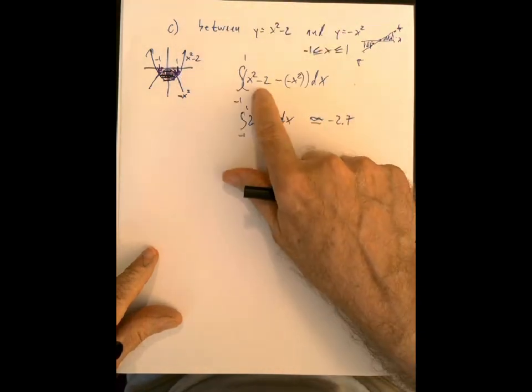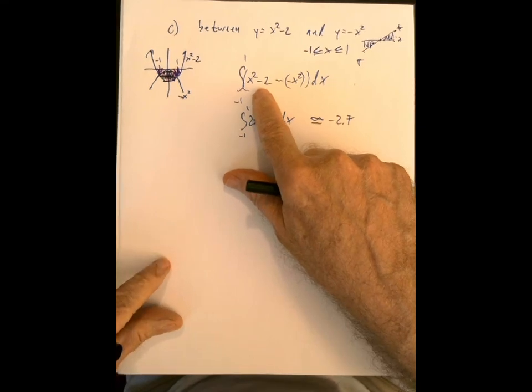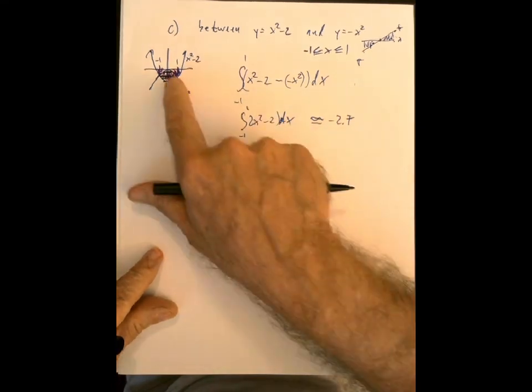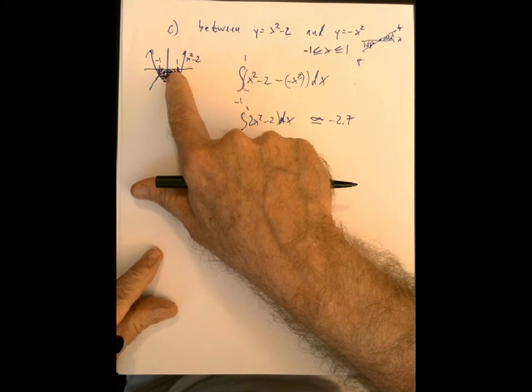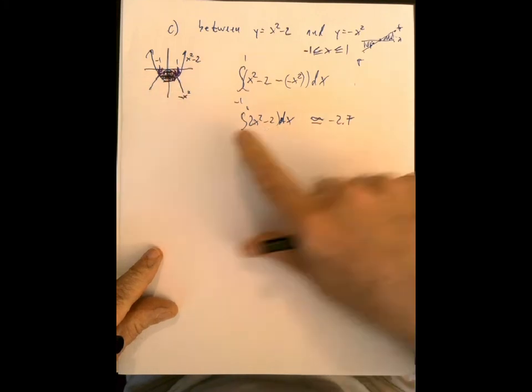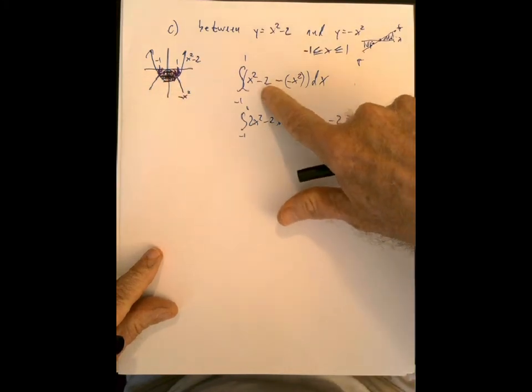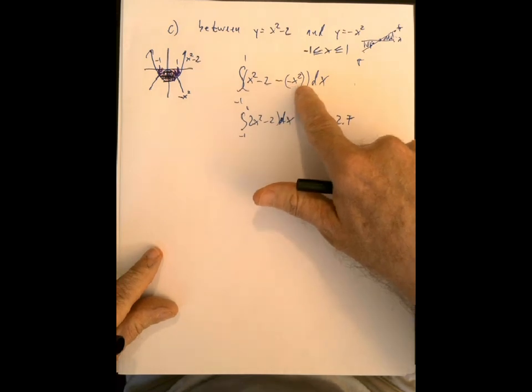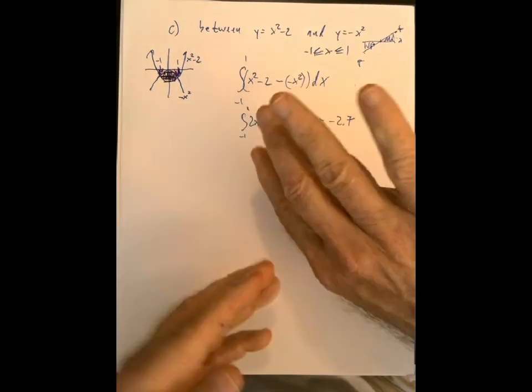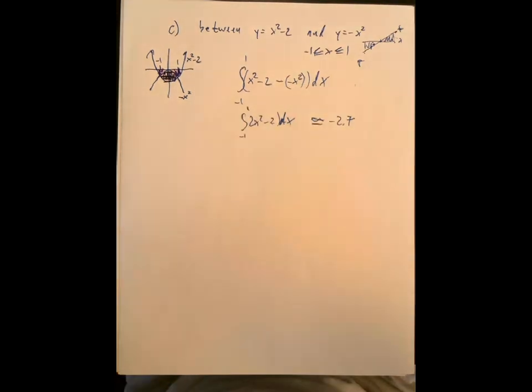Even though physically the negative x squared is on top, in terms of finding the difference between them, we've got to subtract x squared minus 2 minus negative x squared, right? Because the orientation is reversed from the graphs above the x-axis.